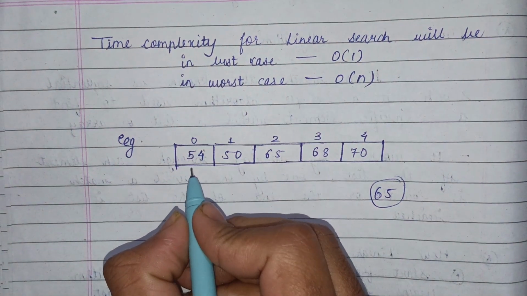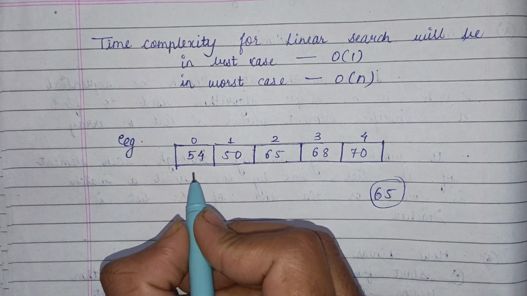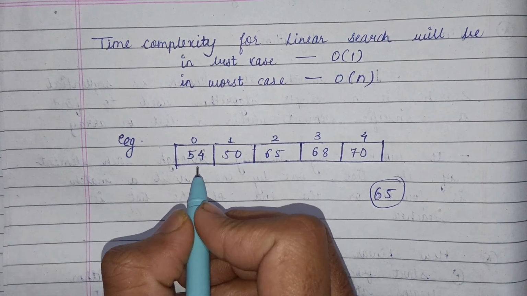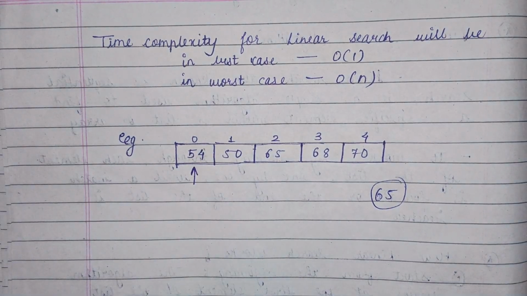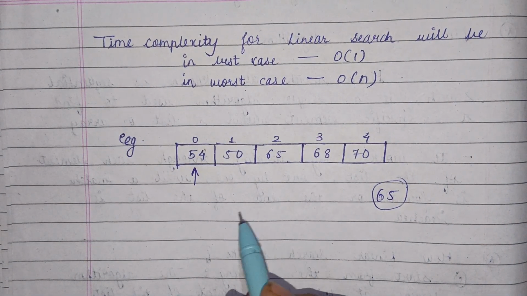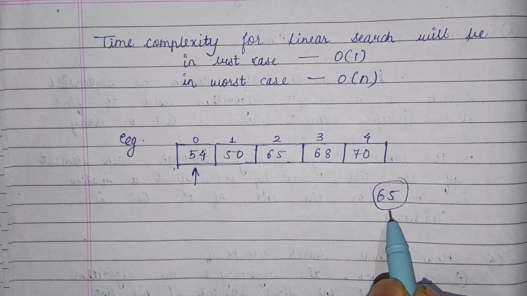So this is the starting element, so the algorithm starts and compares this element or the data. Is it equal to the targeted element?